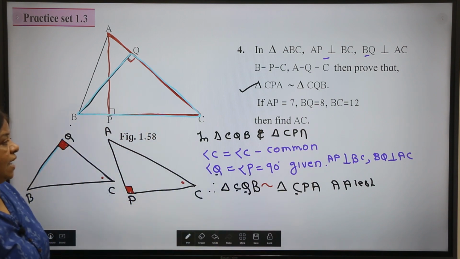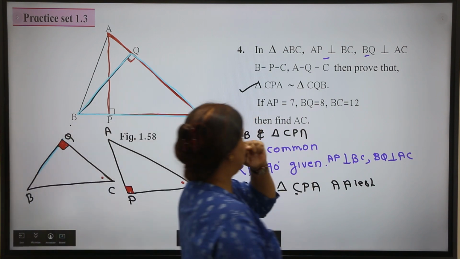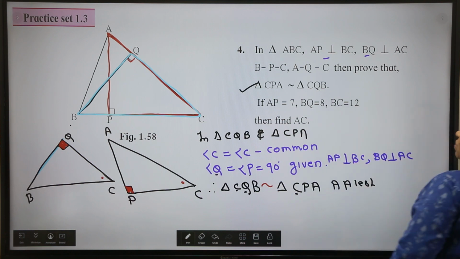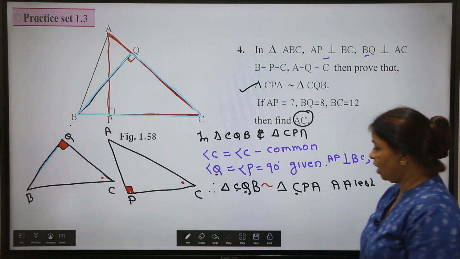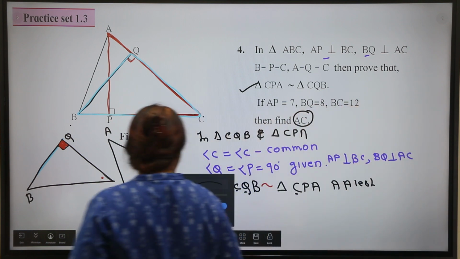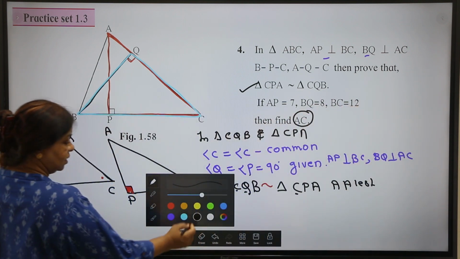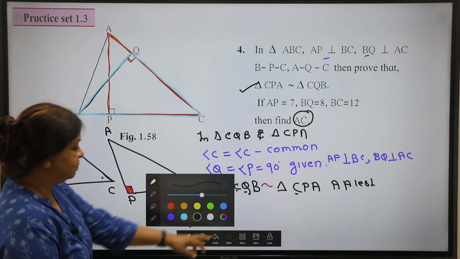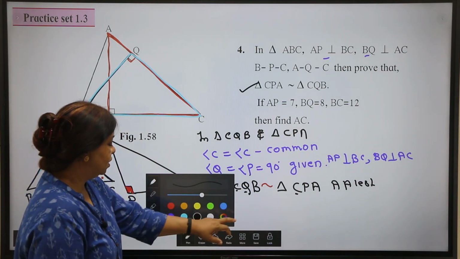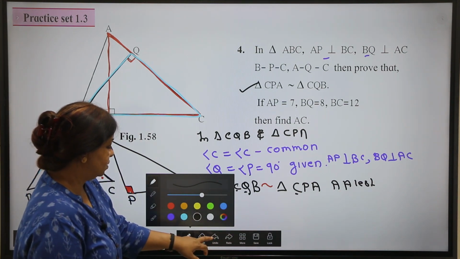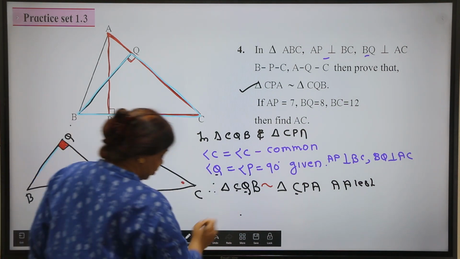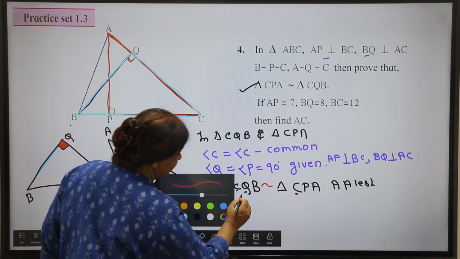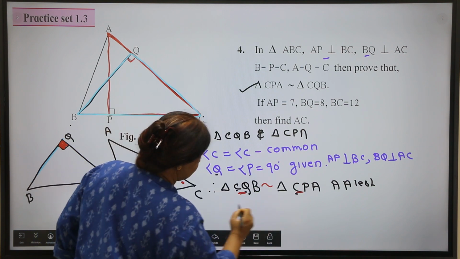It is mentioned that if AP is 7 and BQ is 8 and BC is 12, then we need to find out AC. Okay, how do I do it? I have proved that these two triangles are similar. Once I prove two triangles similar, I must take corresponding sides.